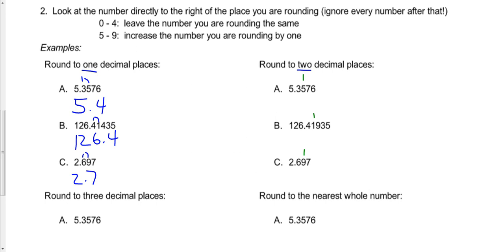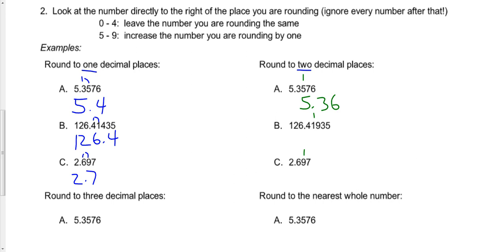So here I know I've got 5.3, and then the number immediately to the right of the 5 is a 7. So 7 is between 5 and 9, so I increase my 5 by 1, so that becomes 5.36.